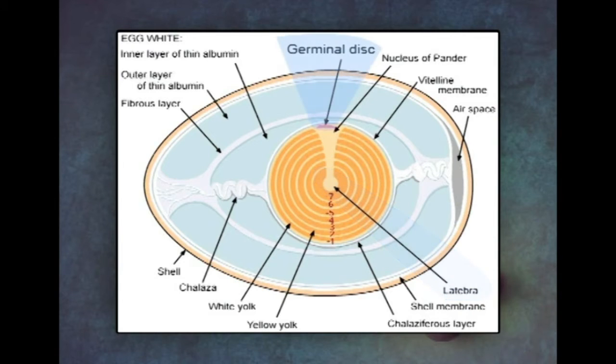Now, third is the germinal disc or the germ spot, which is the reproductive nucleus. It is a light colored spot located on the surface of the yolk just under the vitelline membrane. In an infertile egg, it is a unicellular ovum and it contains a haploid number of chromosomes, called the blastodisc.